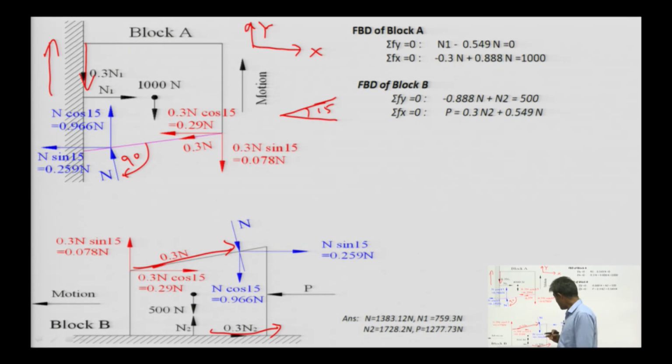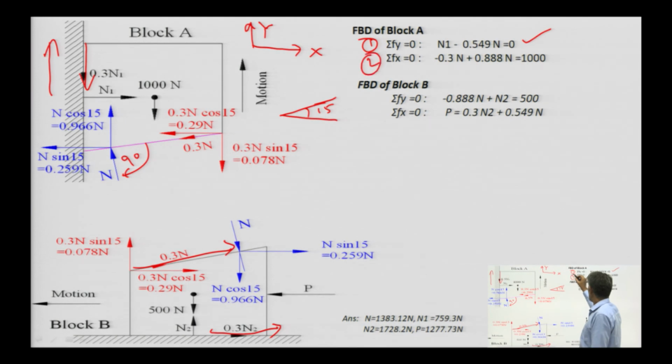Now, we need to find the value of P. What will be the steps? The steps are very simple. First, consider the free body diagram for block A. If we apply sigma Fy equal to 0, then we will have an equation: N1 minus 0.54 N is equal to 0.